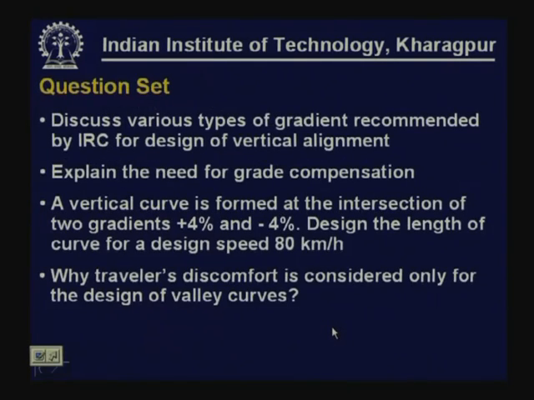Now, let me put some question set. I indicated that the length of the valley curve should be calculated based on headlight sight distance criteria and also based on the comfort condition. But in most cases it is the headlight sight distance criteria that will govern.